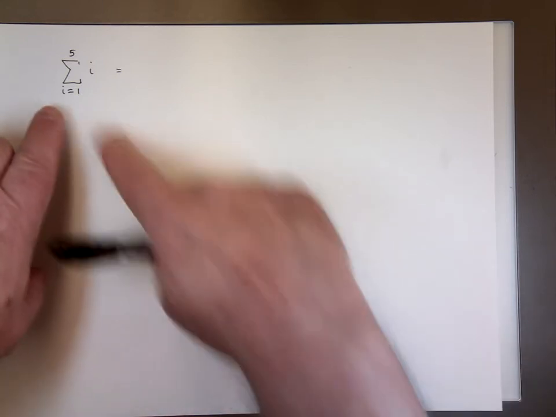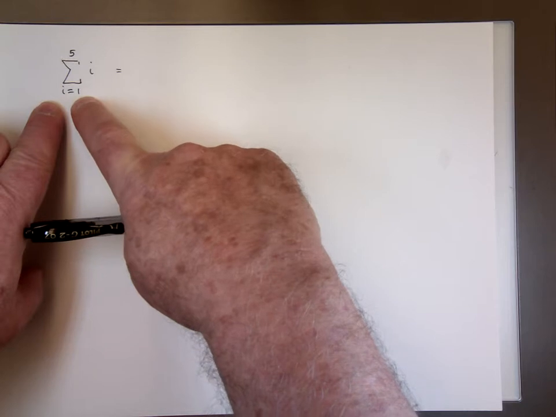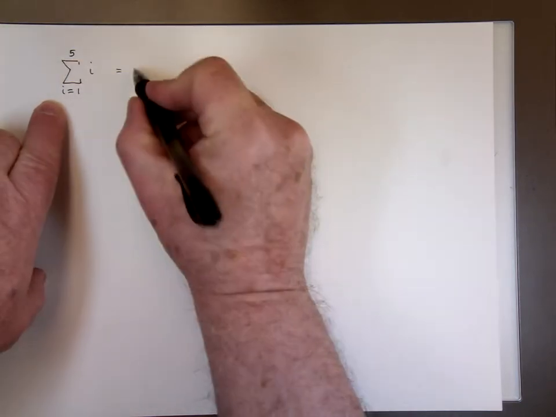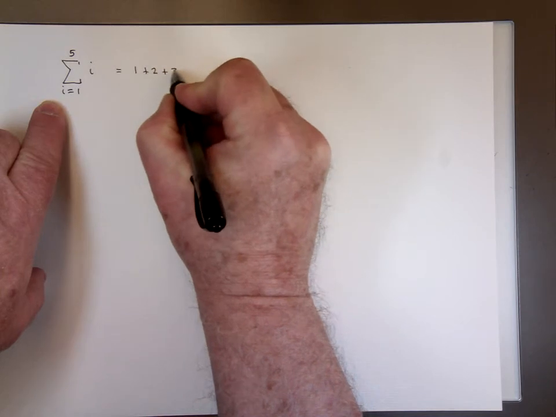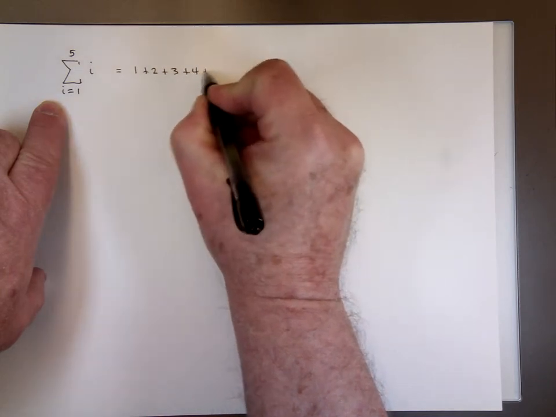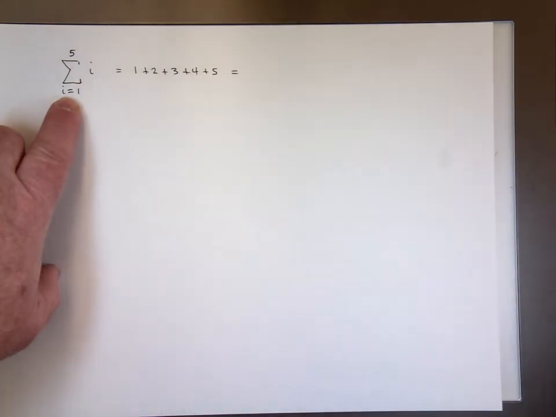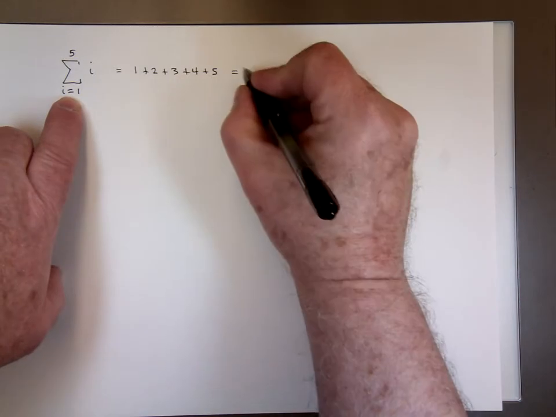Start i at 1, increment by 1 each time to get to 5. This would be 1 plus 2 plus 3 plus 4 plus 5. That's what that notation means. That sum would be 15.